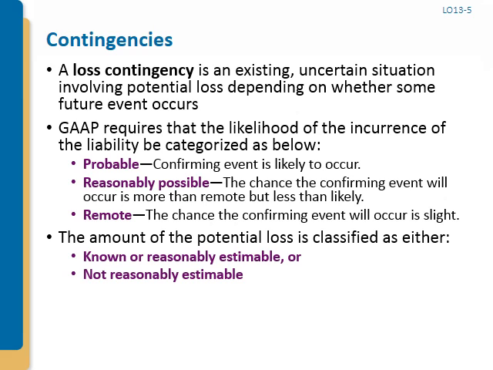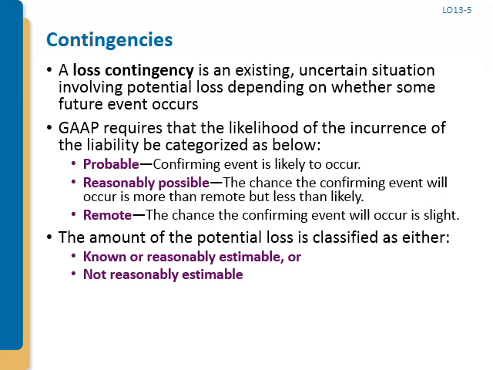as probable, confirming the event is likely to occur; possible, or reasonably possible, the chance of the confirming event will occur is more than remote but less than likely; and remote, the chance of the confirming event will occur is slight.